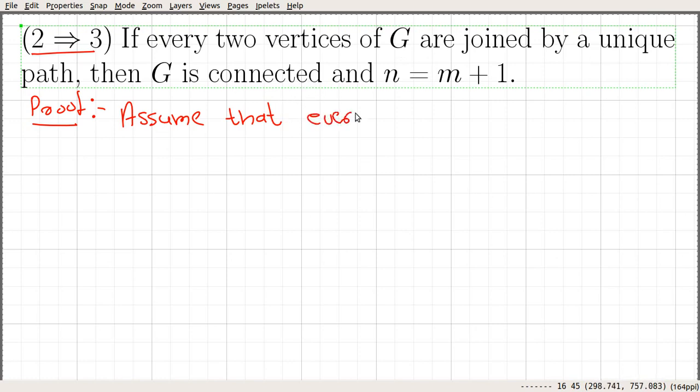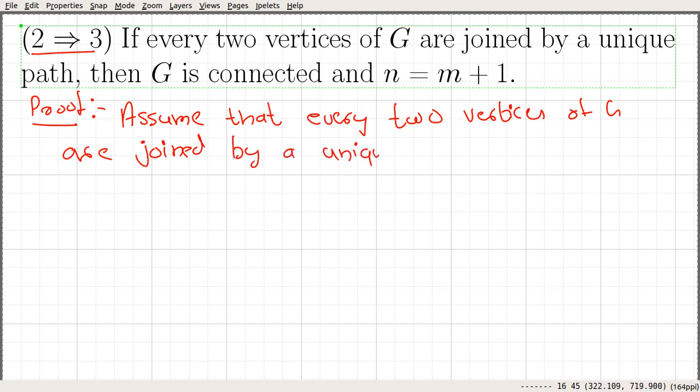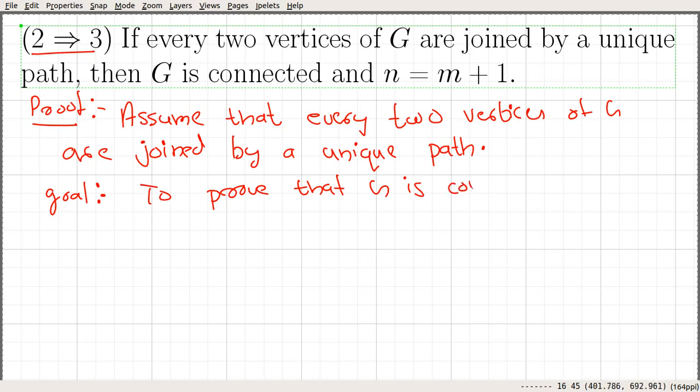So our goal is to prove G is connected and the number of vertices is equal to the number of edges plus 1. Okay, so let's go and prove that one.